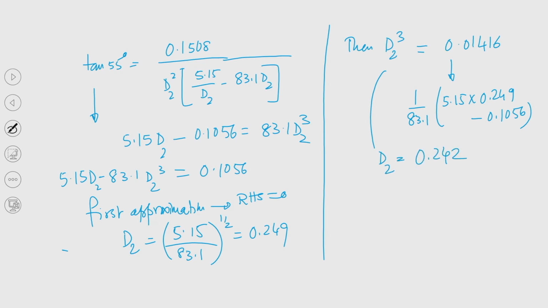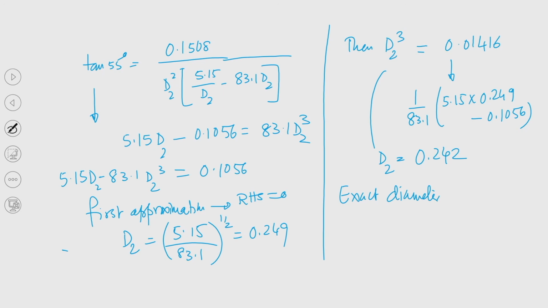If we go one step further, eventually you will find the exact diameter. From our first approximation, d2 was 0.249, now we are having 0.242. Even if we go for further trials, eventually when the calculated value and the approximate value are equal, that will be the correct answer.